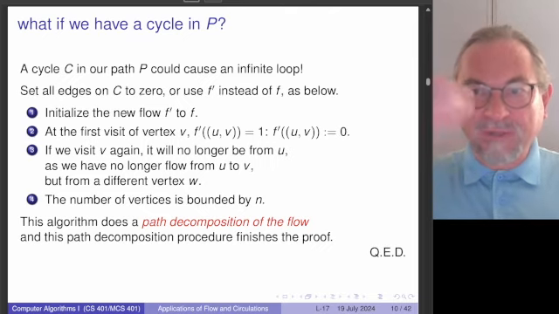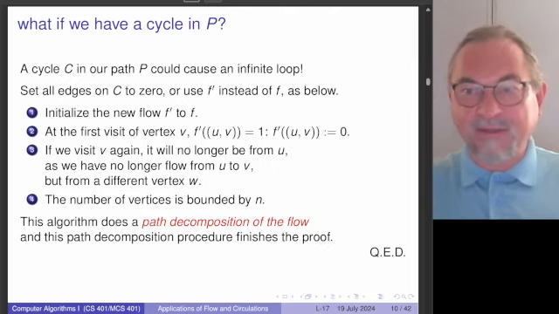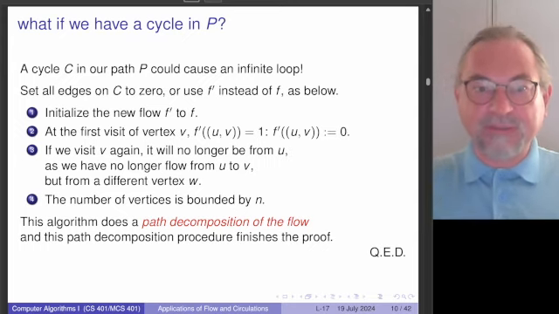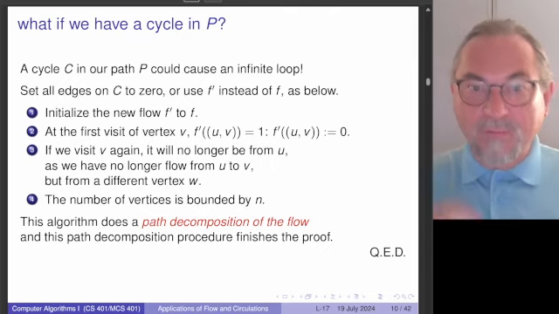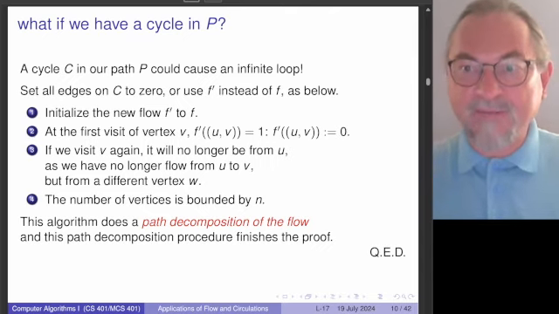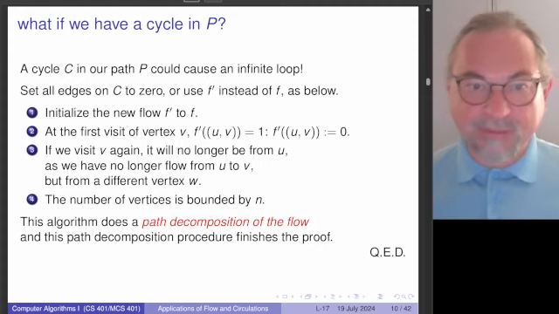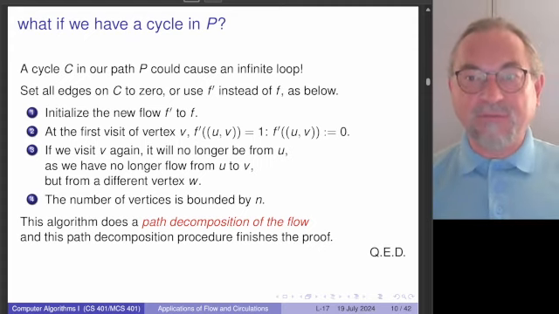So if you're looking for paths, if you follow edges that carry flow, then because you set it to 0, if you come again to that same vertex v, which can still happen, then it should have been from another vertex.